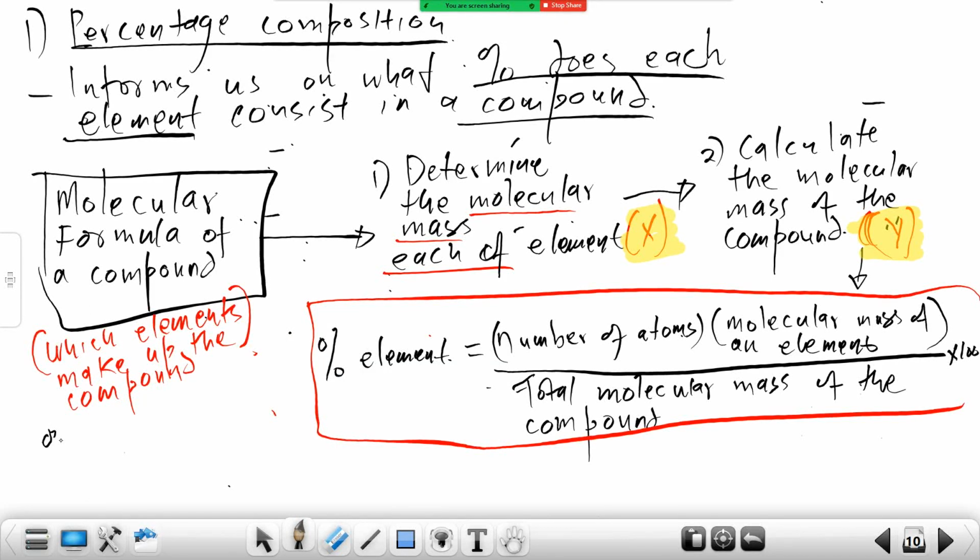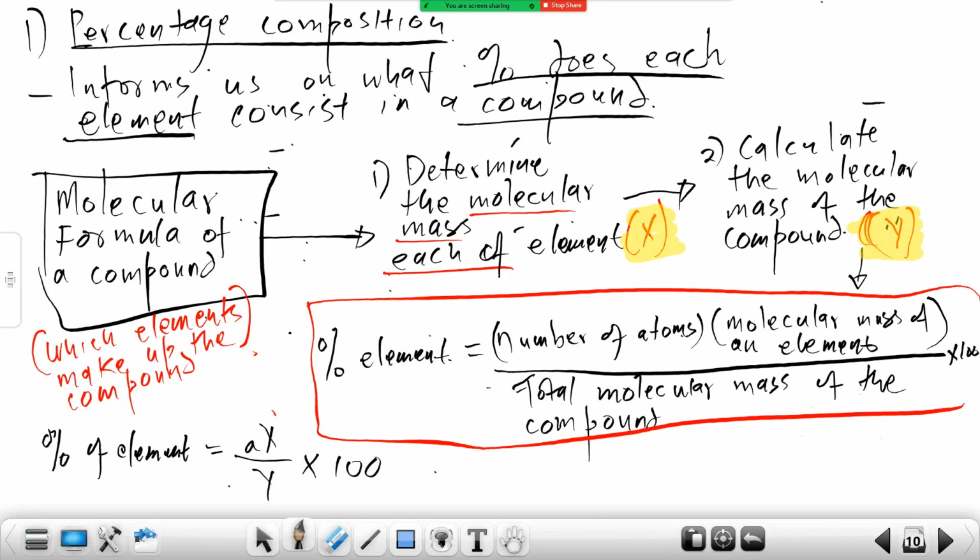So percent of element must equal AX divided by Y multiplied by 100.